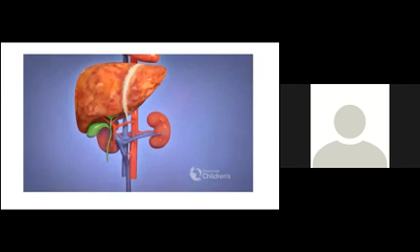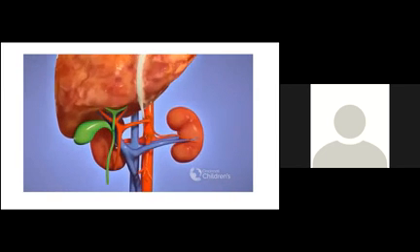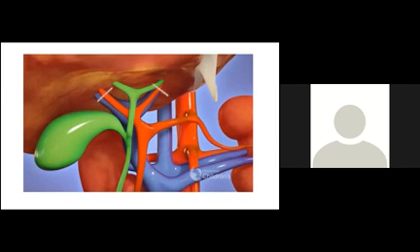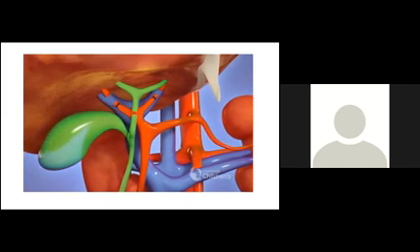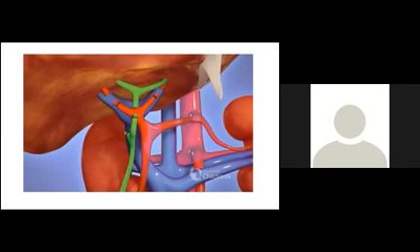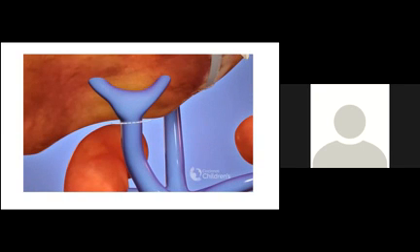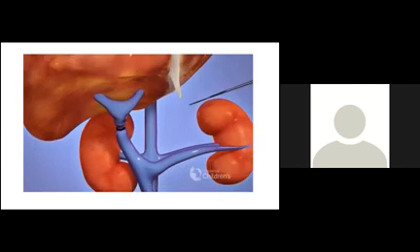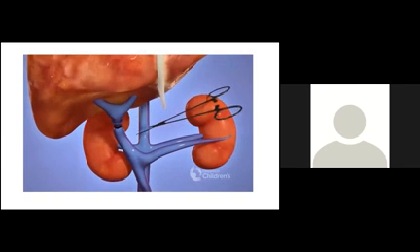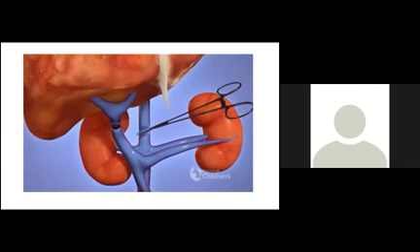The blood supply and the bile duct are divided. First, the right and left branch of the hepatic artery are divided. Then the common hepatic and cystic ducts are divided. The portal vein is divided. A clamp is applied to the inferior vena cava, or IVC, below the liver.